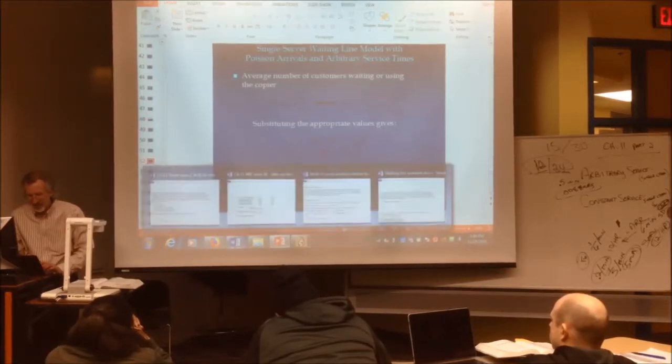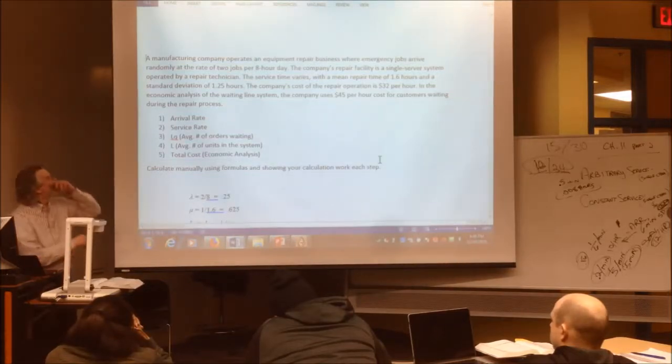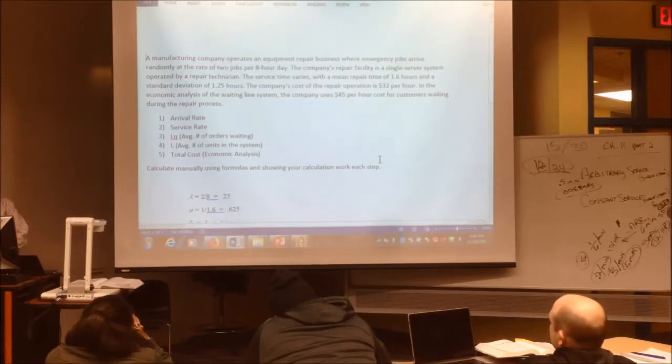I put these examples up for study tools. Let's look at this one. It says, manufacturer company operates equipment repair. Okay, here we go. This isn't per hour, this isn't per minute, this isn't per day, this isn't per second. This is per shift, 8-hour shift. It's a little different.